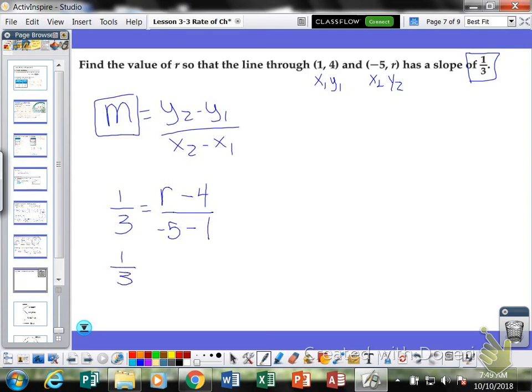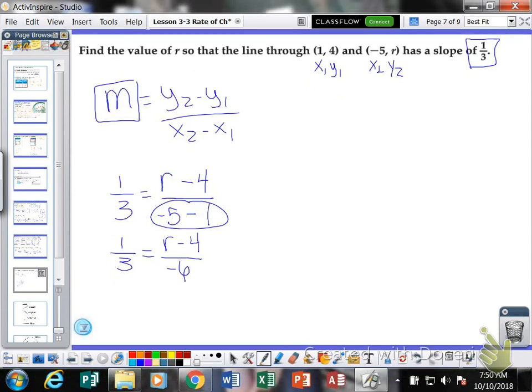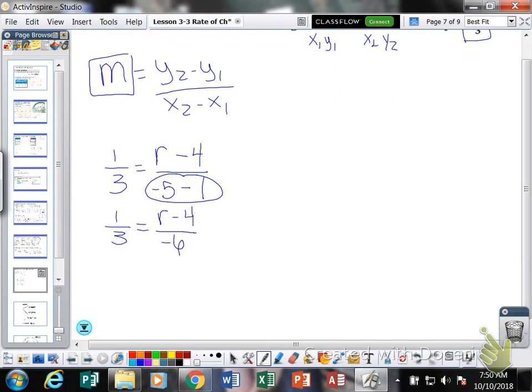So 1/3 we leave as 1/3 equals r minus 4 over, and this can simplify to negative 6. Now we're getting into something we've already done before, ladies and gentlemen. Cross multiply. Negative 6 and 3 times r minus 4.